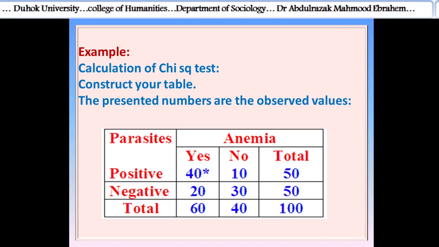We have 4 boxes or cells: 40, 10, 20, 30, and totals 60, 40, and anemia totals 50, 50, and all sample 100.